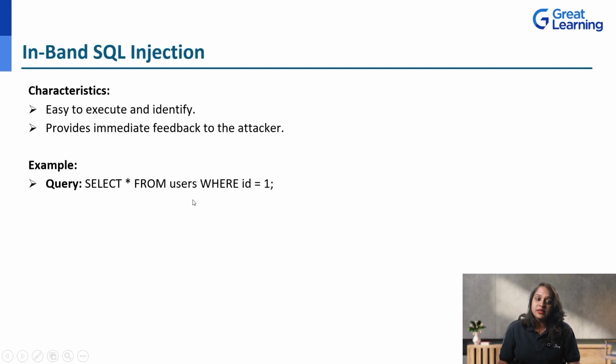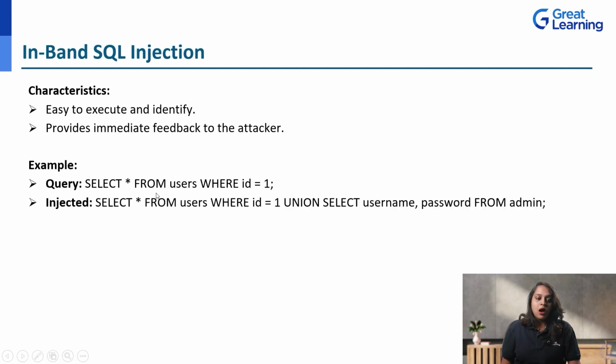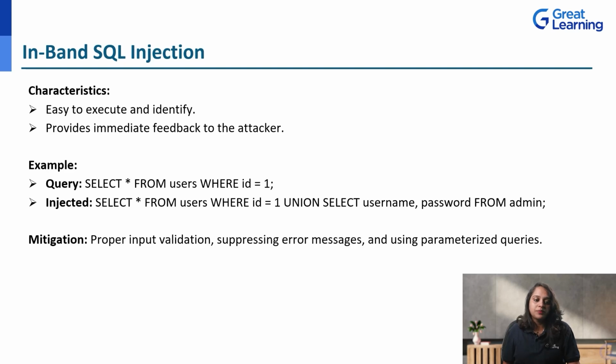But when I use an in-band SQL query, how can I inject that? So select star from users where ID is equal to 1, and here I am using the union operator. This is called union-based SQL injection, right? So union select username, password from admin. I am just using the union operator to do the SQL injection here. So what is the output here? Everything can be accessed from your database.